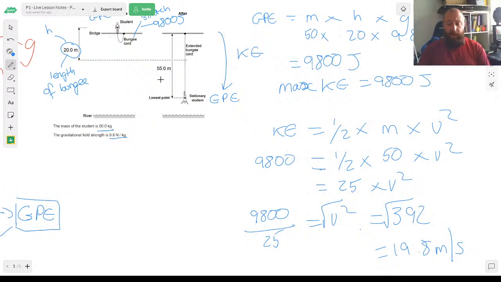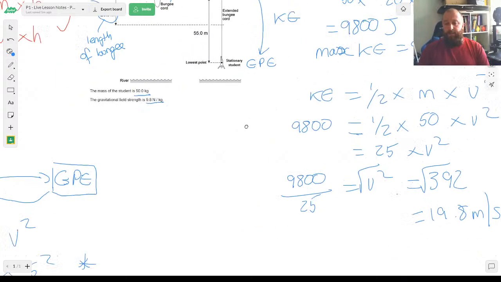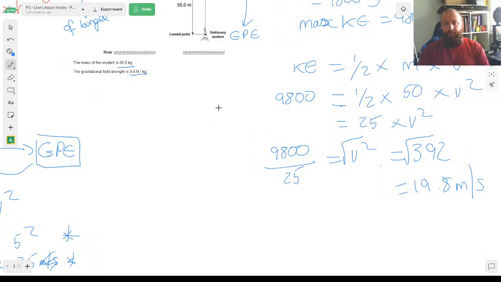So let me just show you that one quickly, and then I'll move on to something a little bit simpler, because we've got a lot of formulas going on. If you remember the other day, the other formula we had was elastic potential energy is equal to half times the spring constant times the extension squared.